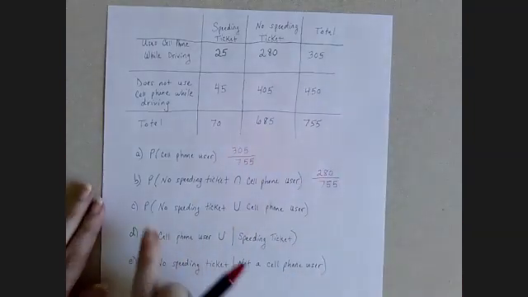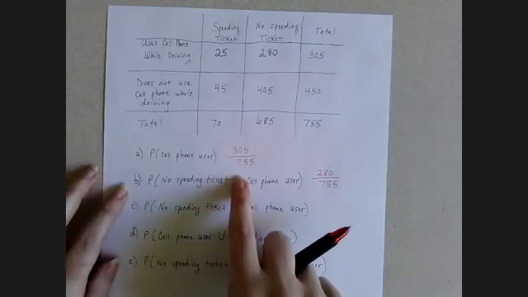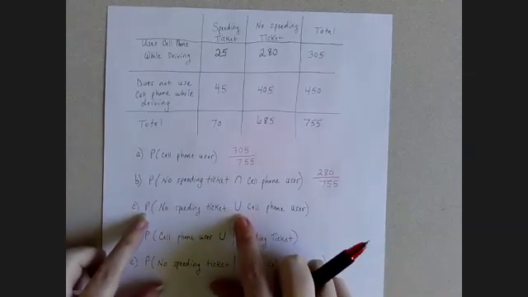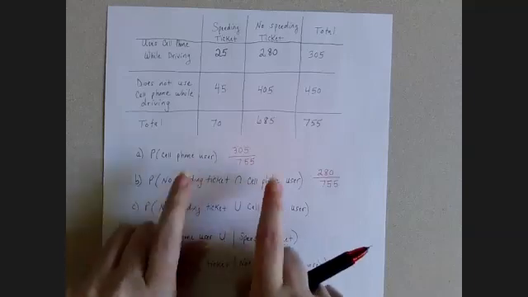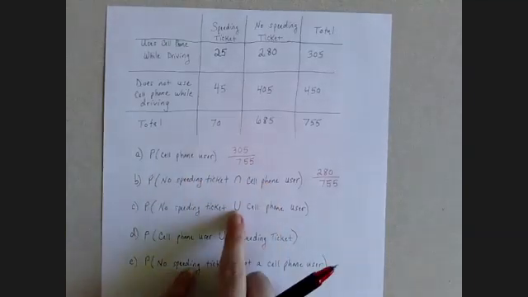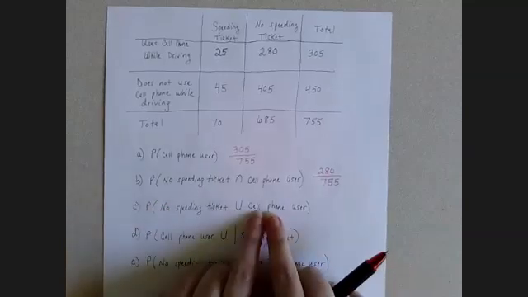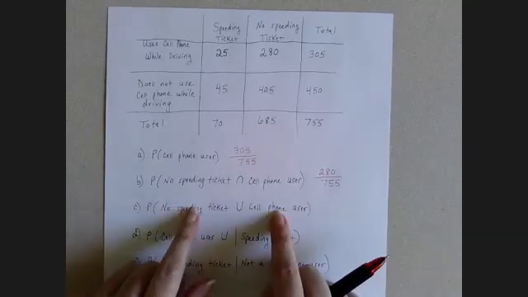Okay, now, problem C is different than problem B, and this is where people will get the word "and" from English mixed up with the math symbol that we're talking about. This, our intersection, means that both have to be true. The union here means either no speeding ticket, or they are a cell phone user, or both of them being true.